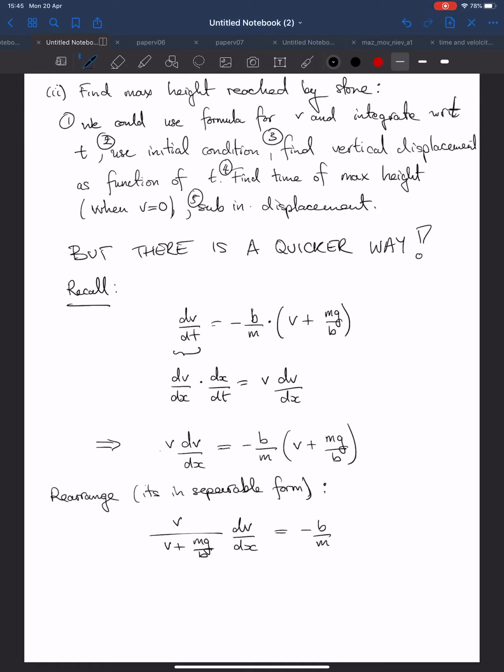Okay, so that's what it is. Next, the two things I can integrate with respect to x to find v as a function of x, but it's overkill.